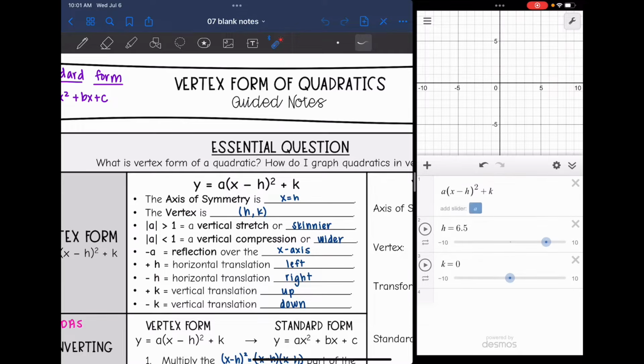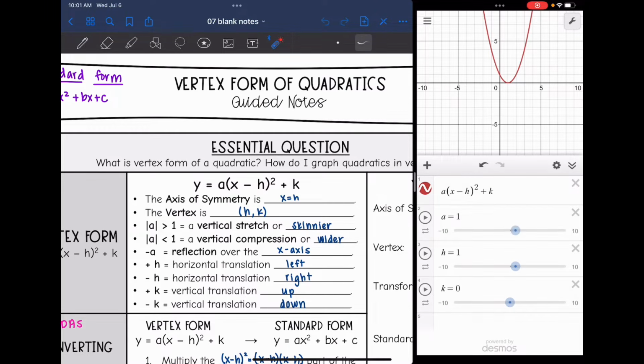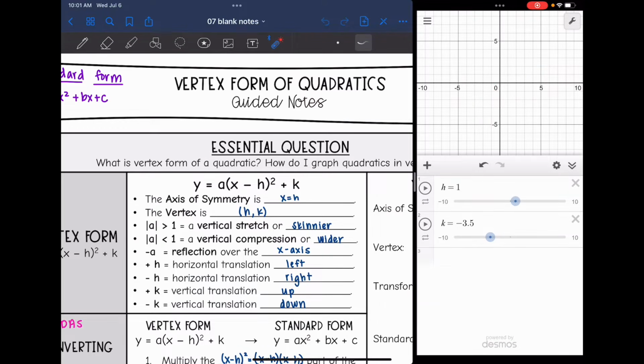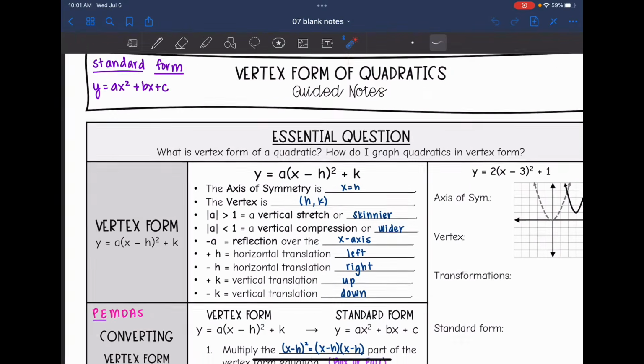And then let's look at k. So if I add k, I am moving up. And then if I subtract k, I'm moving down. And I don't have to worry about the opposite signs with that one because it's just the plus k. All right, so those are all of the different transformations.